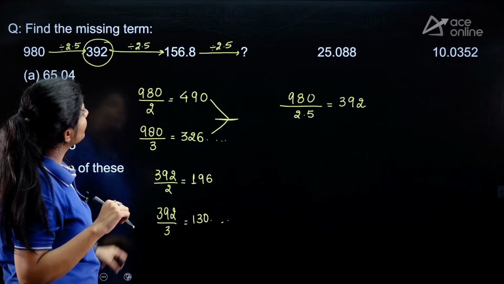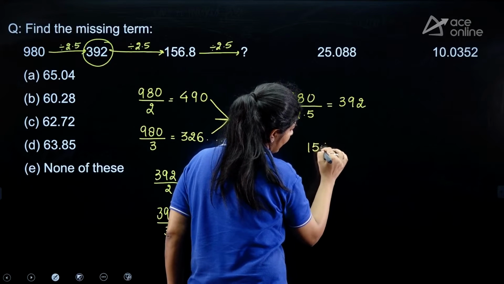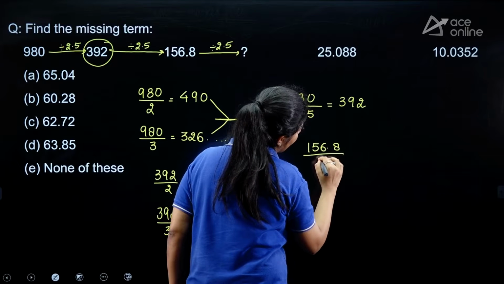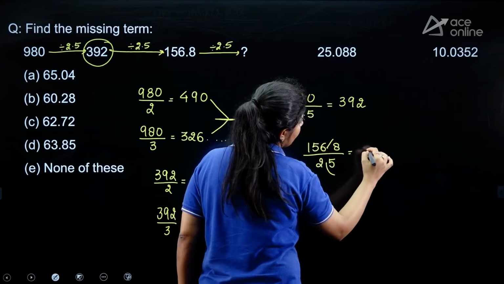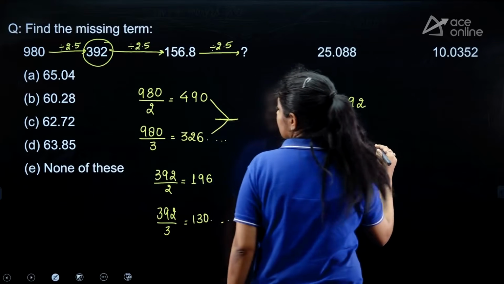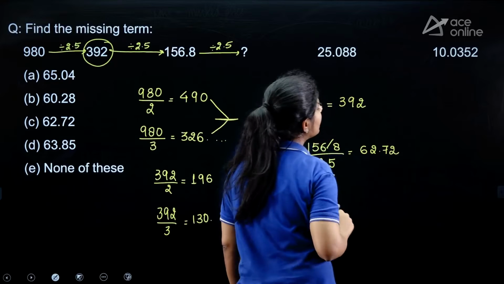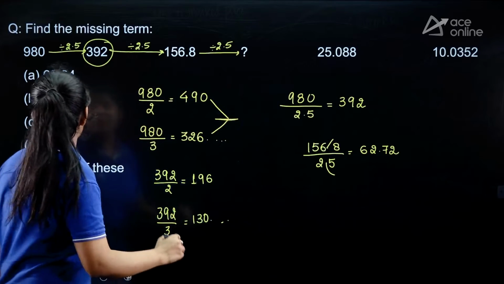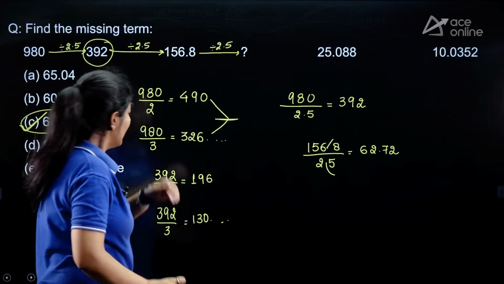So if I am going to divide 156.8 by 2.5, this is nothing but 62.72. The value that we are getting over here is 62.72. That means your option number C is the correct one.